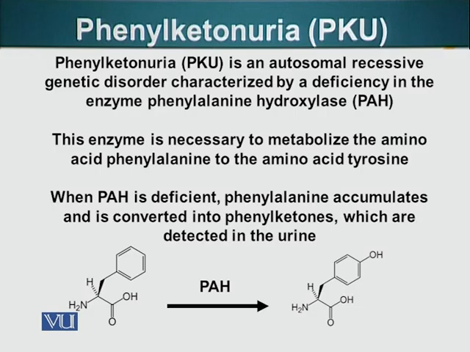This enzyme is necessary to metabolize amino acid phenylalanine into amino acid tyrosine. Tyrosine is also used by the body to manufacture melanin, the pigment which gives us our skin color. So when this enzyme is deficient, phenylalanine accumulates. As we've talked about, when it accumulates, it can get shunted into side metabolic pathways that can result in production of phenylketones.